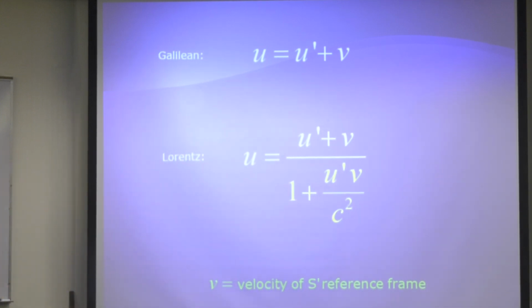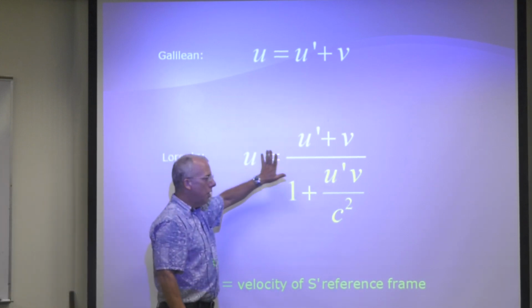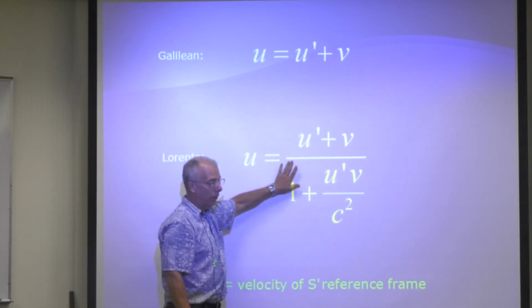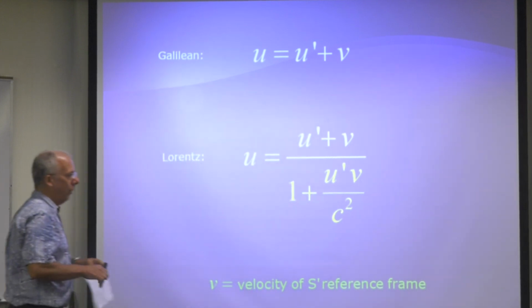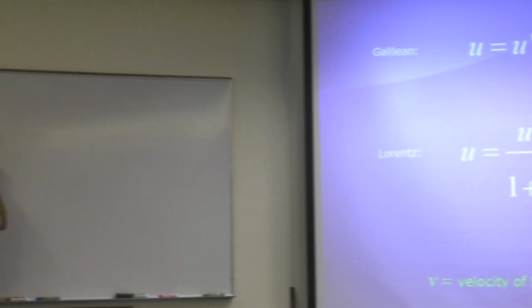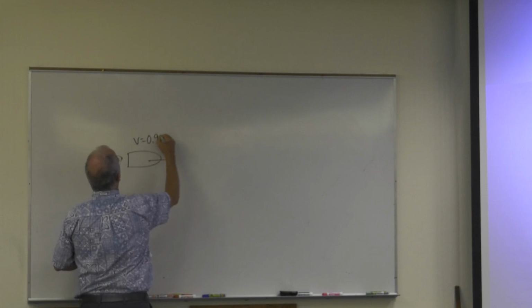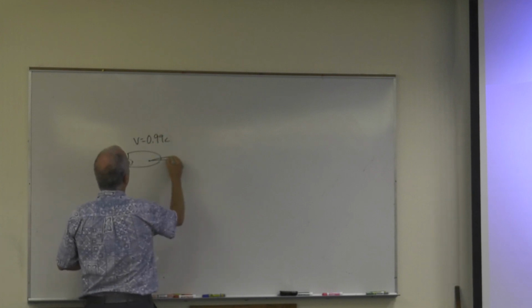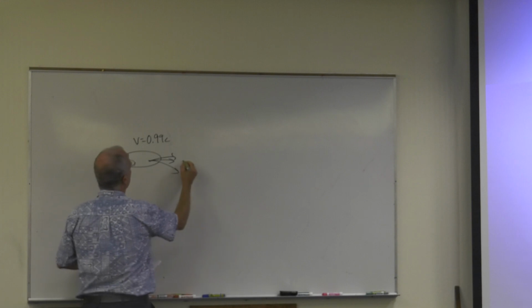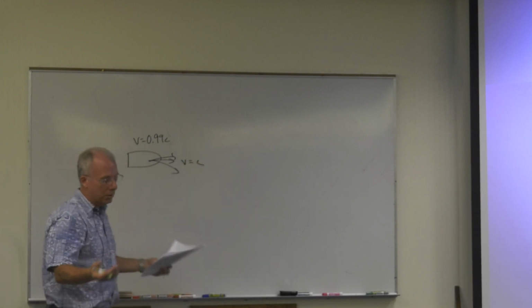Now, the way that this equation works is you will never exceed the speed of light. So let's try it. Let's have a rocket moving at velocity 0.99c, and then the guy in the rocket turns on the light, the headlights or something like that, which goes at the speed of light.